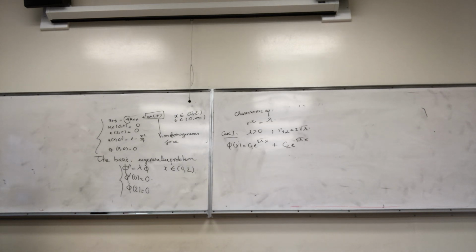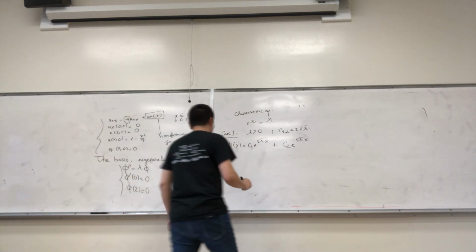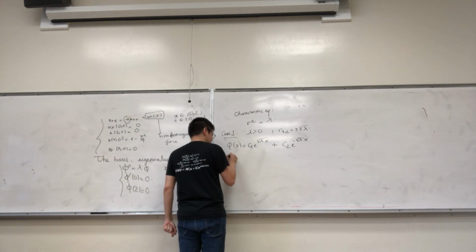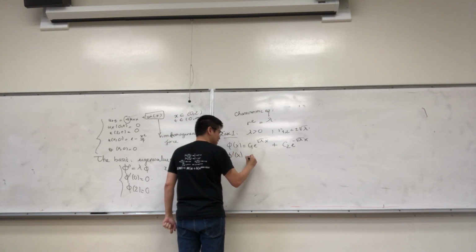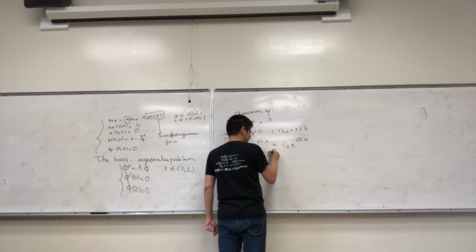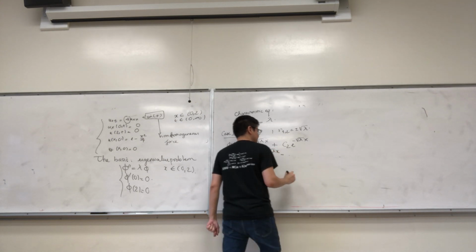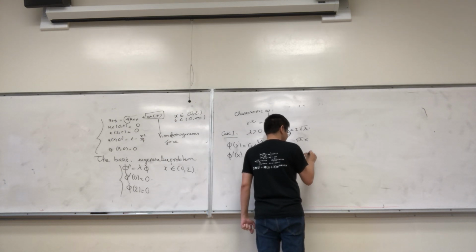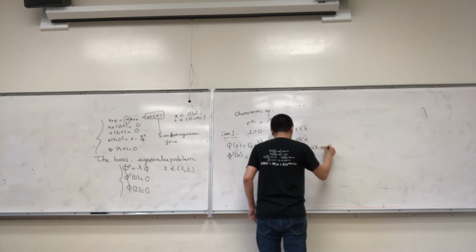Alright, so what is the next step? Plugging in the first boundary condition. So now you have to plug in the first boundary condition, which means that you have to take the derivative. So you have phi prime is C1 square root of lambda e to the power square root of lambda x minus square root of lambda C2 e to the power minus square root of lambda x.